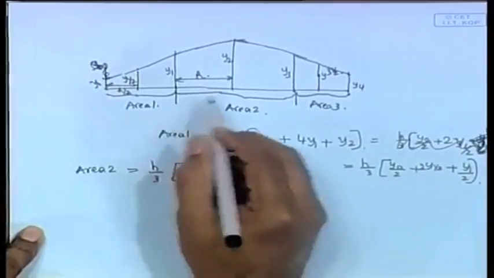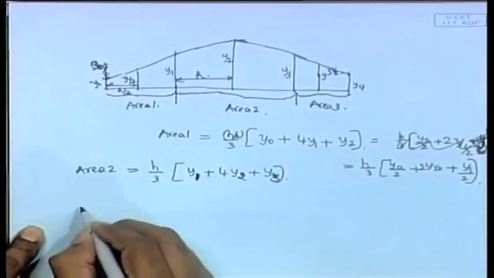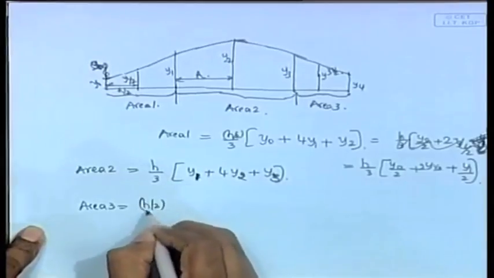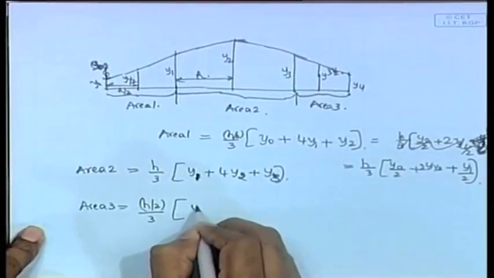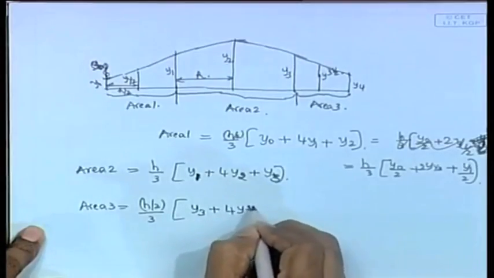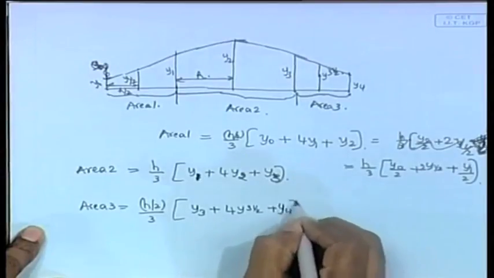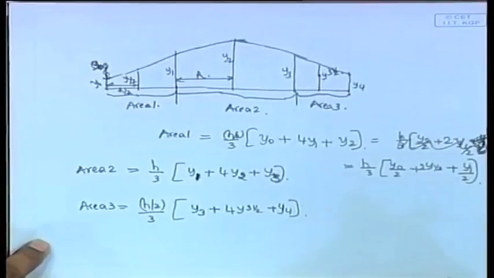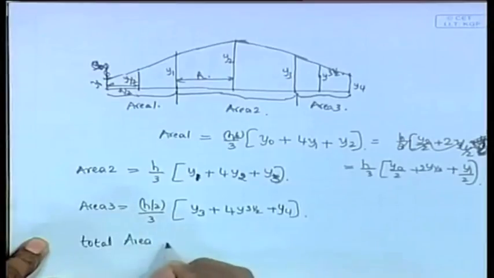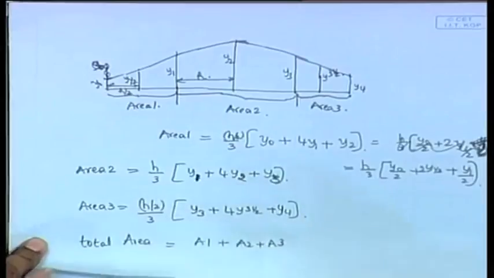Then the area of the third section is h by 2 by 3 into y 3 plus 4 y 3 and a half plus y 4. Now, what you want is the total area, which is area 1 plus area 2 plus area 3, summed up.